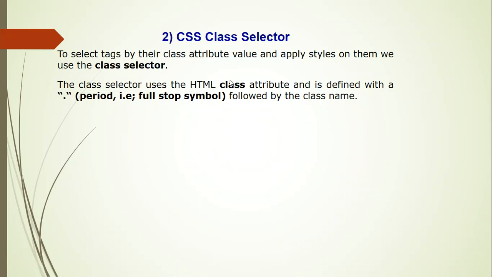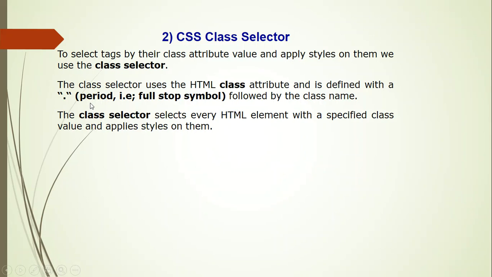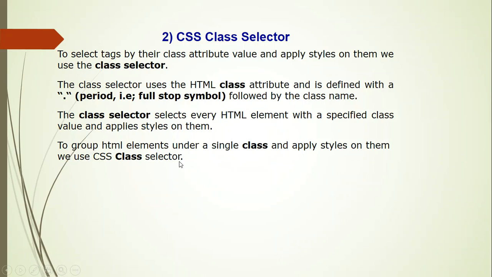And how is it called when you want to apply style? It will be called with a dot. It is a full stop symbol, but we call it a period in programming languages. And this class selector will select every HTML element with a specified class value and apply styles on them.